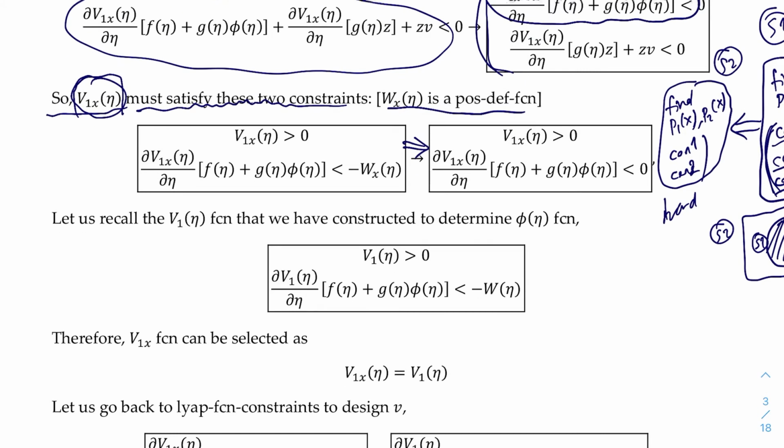Okay, so let us recall the v1 of eta function that we have constructed to determine the phi of eta function here, right? This is the first v1 of eta. At that moment you are like, what v1 of eta? We are at page 3. So let's go back.